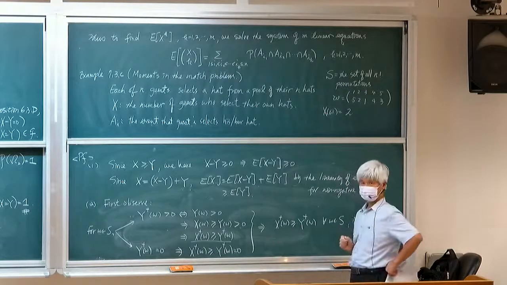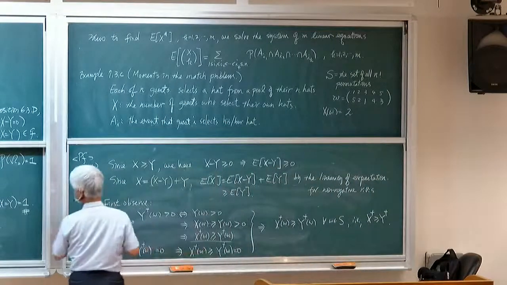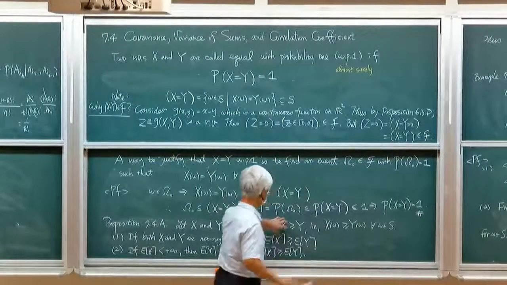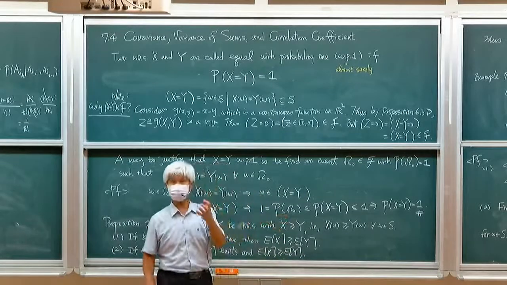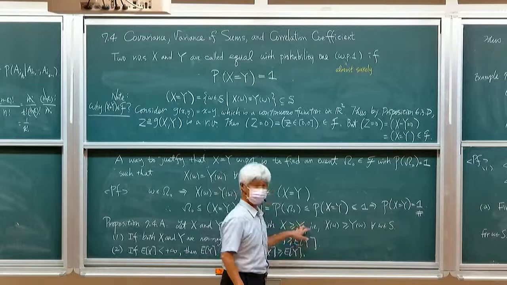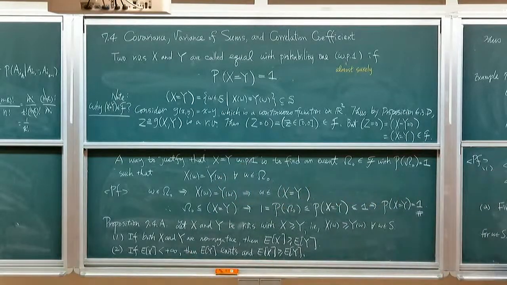Very interesting. When x is greater than or equal to y, the positive part of x, as a random variable, is greater than or equal to the positive part of y.